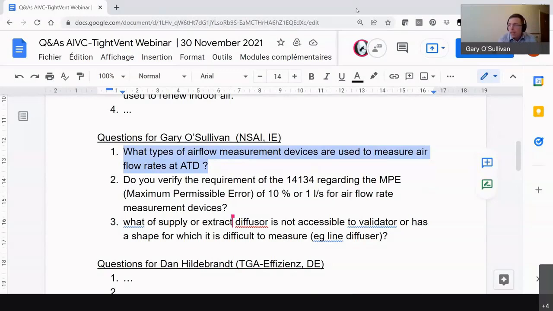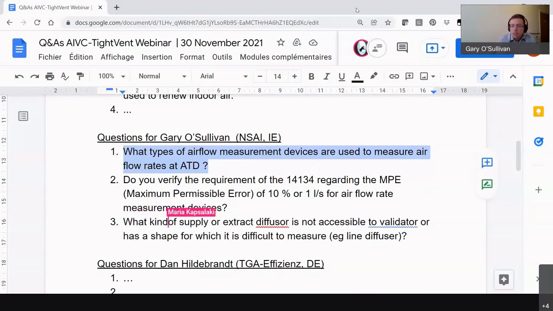Typically the Testo 417, which is a fan measuring device which necessitates an airflow straightener, but we do have flow hoods, which are pressure compensating flow measuring devices. Again, there's no limitation other than, A, they're calibrated, but more importantly, B, that they can pass the proficiency test.